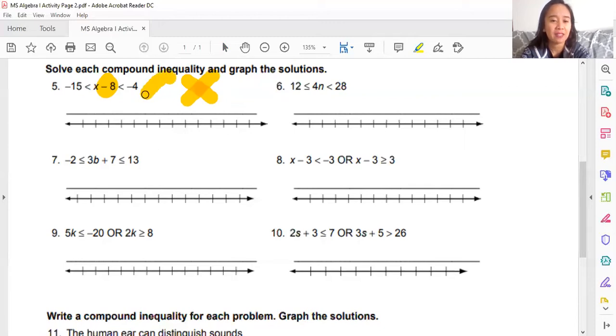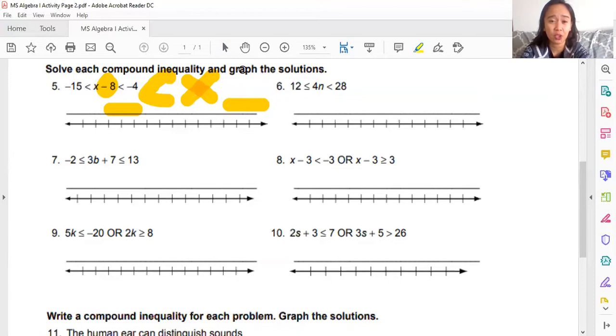Now, at the left side, remember we have to add 8 to the left and to the right. What's -15 plus 8? You write your answer over here at the left of that symbol. You solve for that one. Now, at the right side, you write the answer.